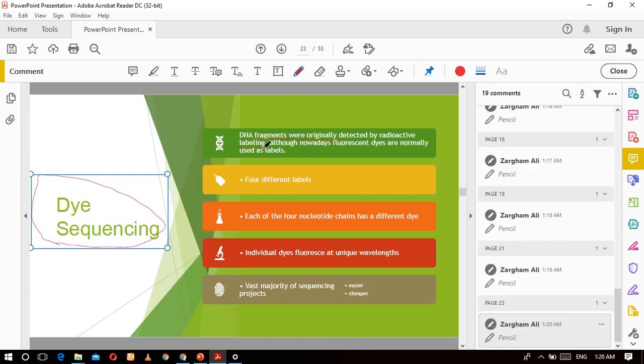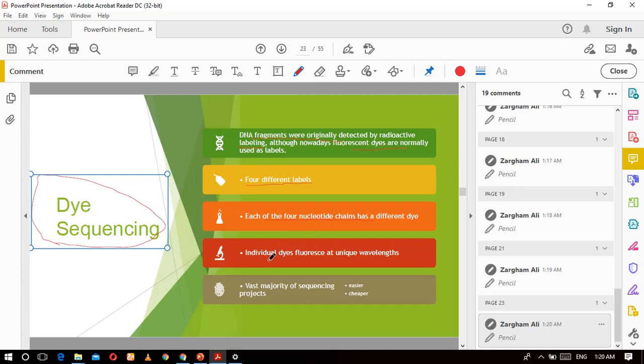We primarily used radioactive labeling, but nowadays the fluorescent dye method is commonly used. It also contains four different labels, so we label our four nucleotide chains with different dyes, so that it is easy to measure and observe.